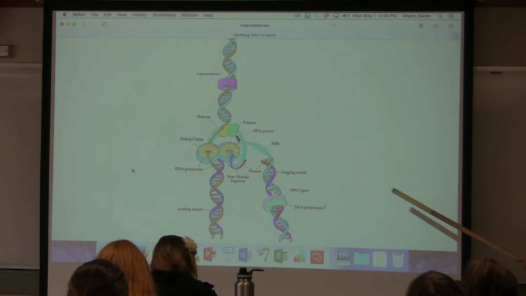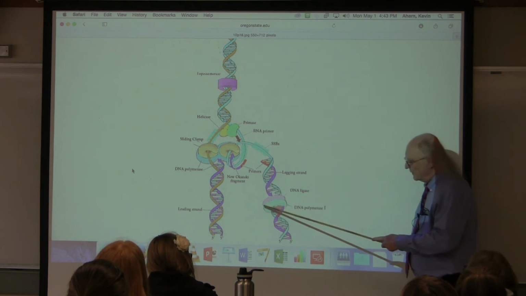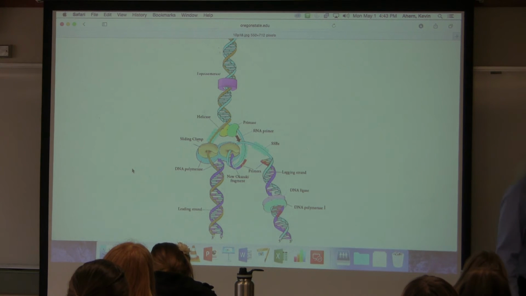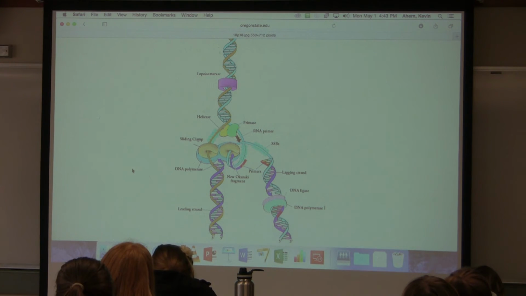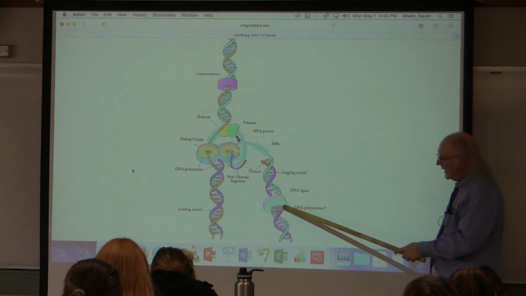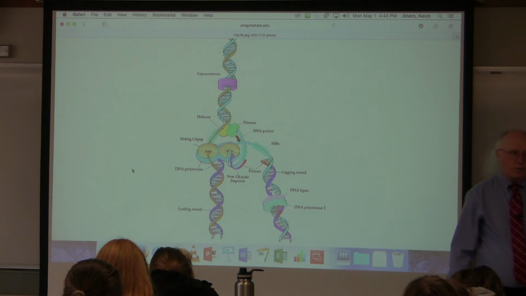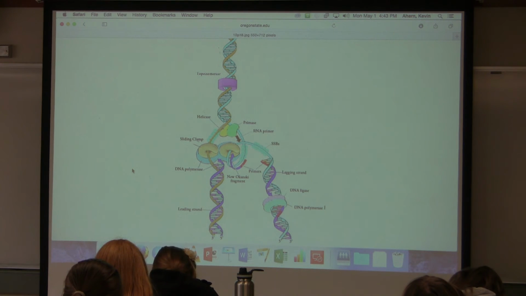DNA polymerase 1 has an enzymatic activity that is not found in DNA polymerase 3. So they both make phosphodiester bonds. They both read the bases. Okay? But DNA polymerase 1 also has the ability to degrade DNA or RNA starting at the 5' end of a strand.